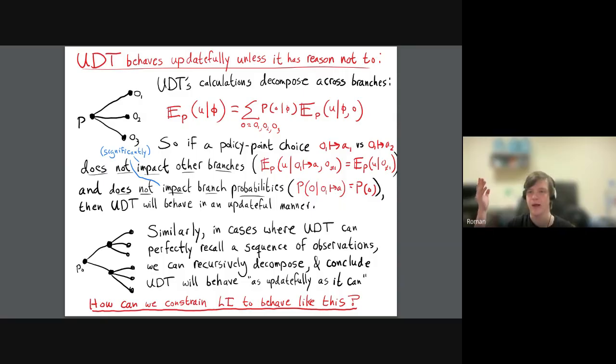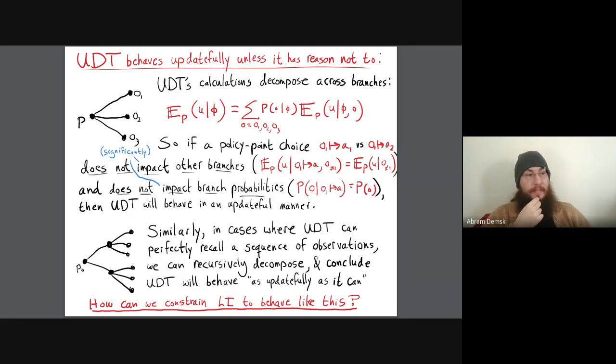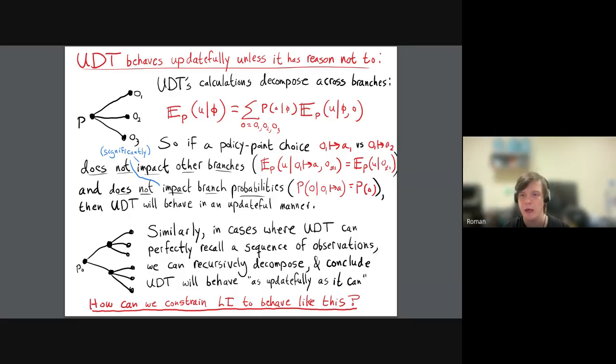If Omega can predict you, and it can't find a consistent way to pose this problem, then yeah, okay. The standard way in game theory to deal with that is to make strategies mixed strategies and find some equilibrium.